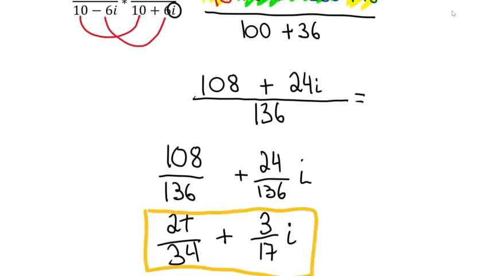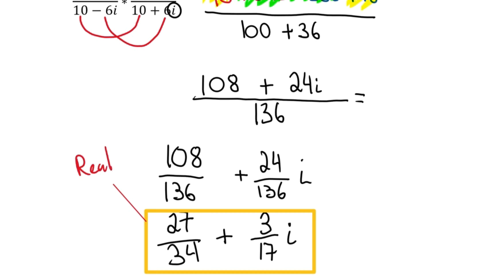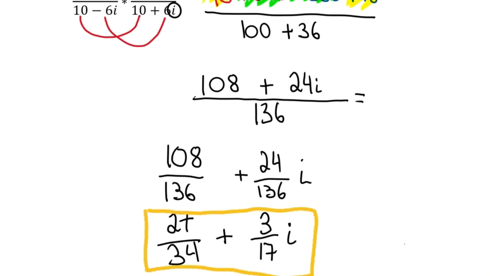Like I said, take a look. You have a real part and an imaginary part. Okay? You always need to have a real and imaginary part when you simplify. Keep that in mind for the future.